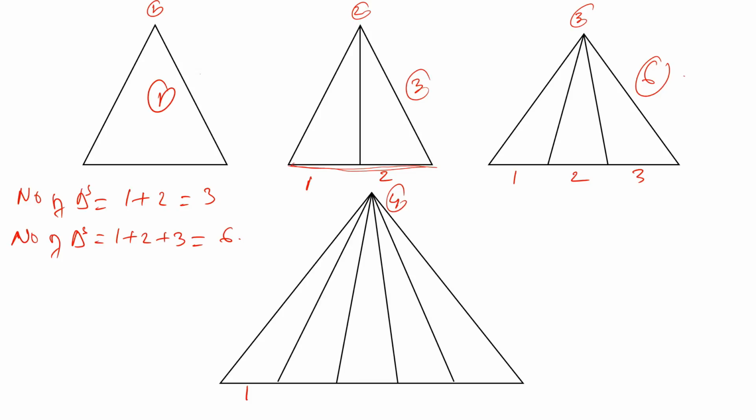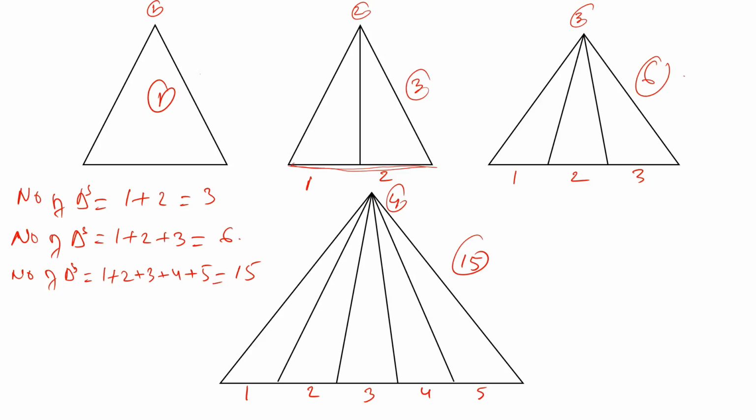Count the bases: 1, 2, 3, 4, 5. So the number of triangles is equal to 1 plus 2 plus 3 plus 4 plus 5, which is equal to 15. So in figure number 4, we have 15 triangles.